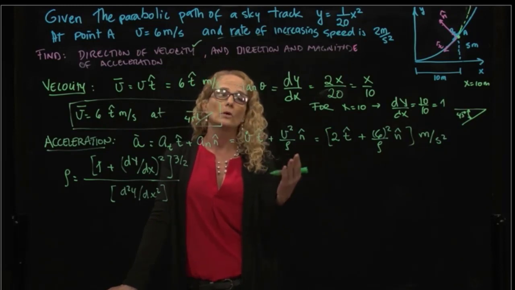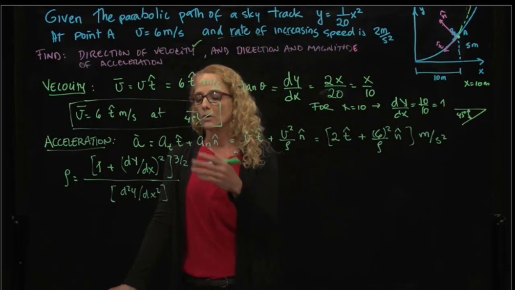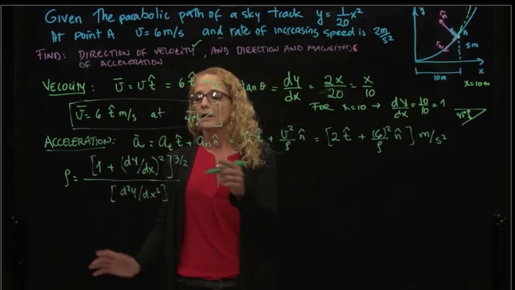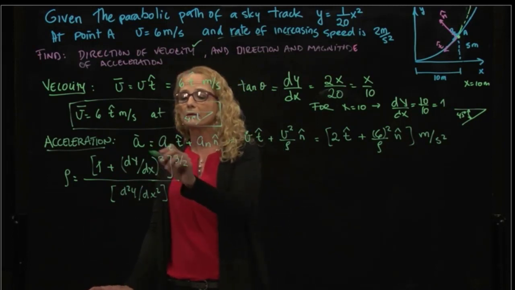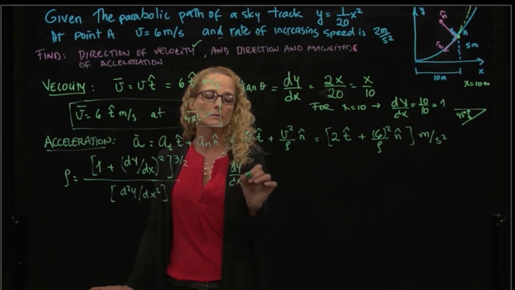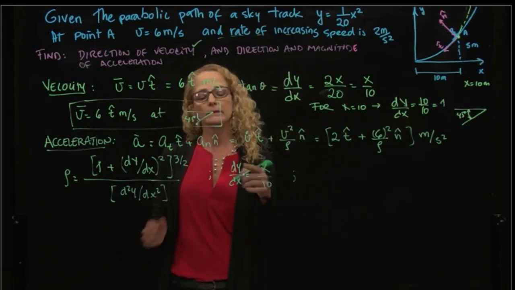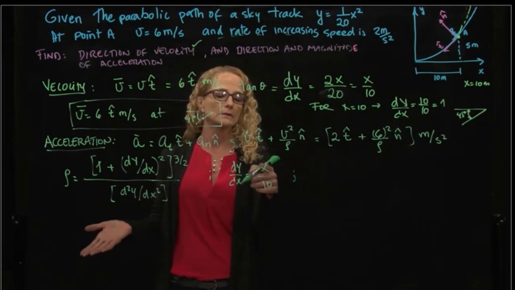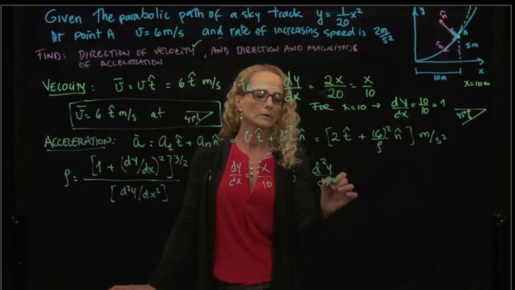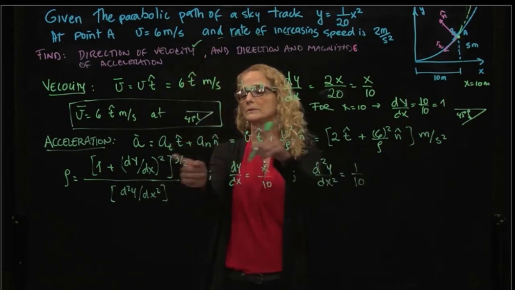Having the formula does not always give you the answer. You need to know how to use it, right? We already calculated dy/dx, which is x over 10. And the second derivative is very easy because it's a polynomial, so it will be 1 over 10.